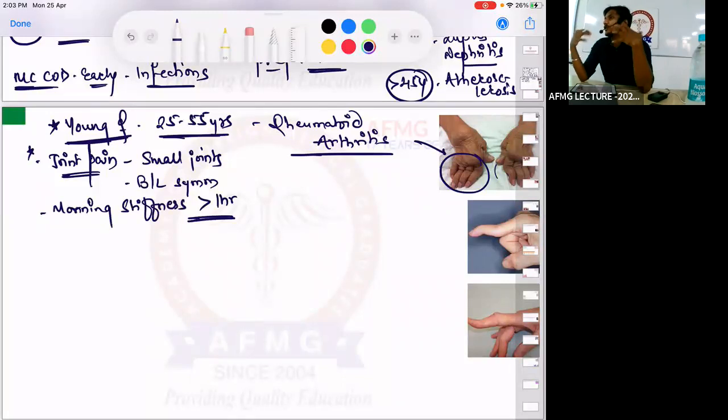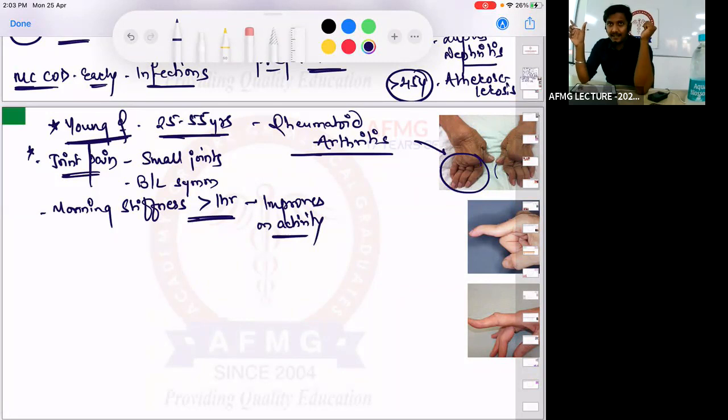In ankylosing spondylitis, it usually lasts for 30 minutes, but here it will last for 1 to 2 hours. No issues with this. The patient will say that this stiffness improves on activity.